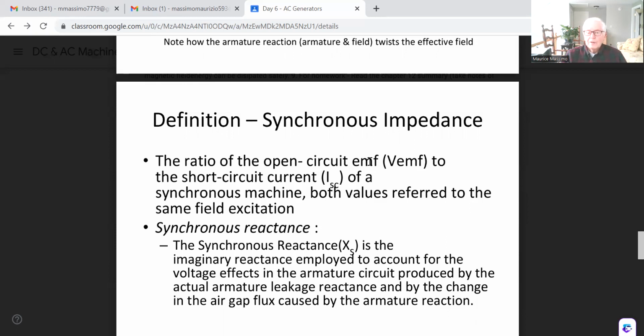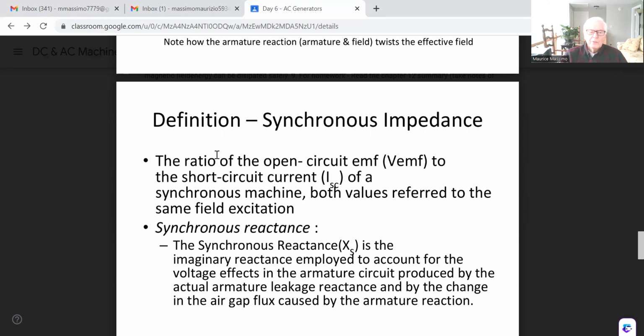There's no load, but we can produce an open circuit EMF, and basically it's a VEMF. We can also short out the output to get a short circuit current.